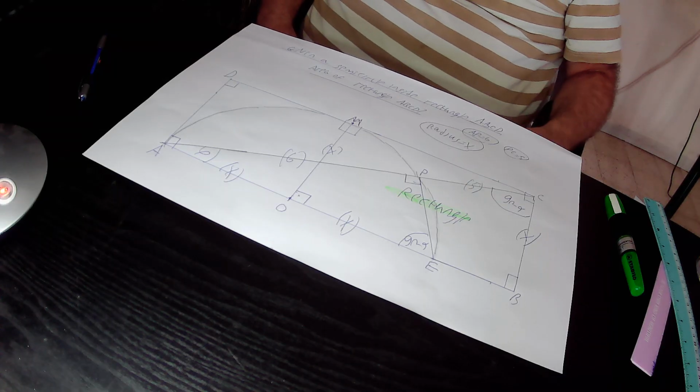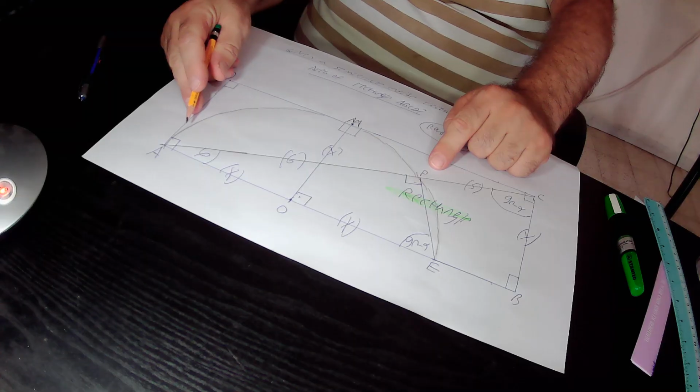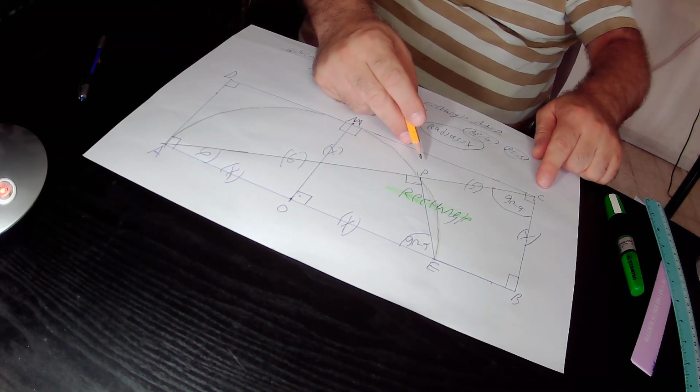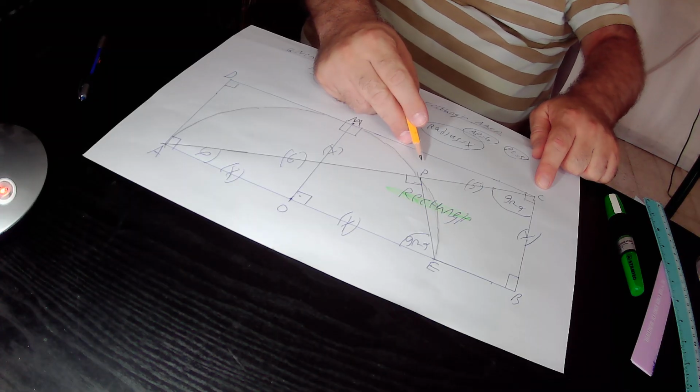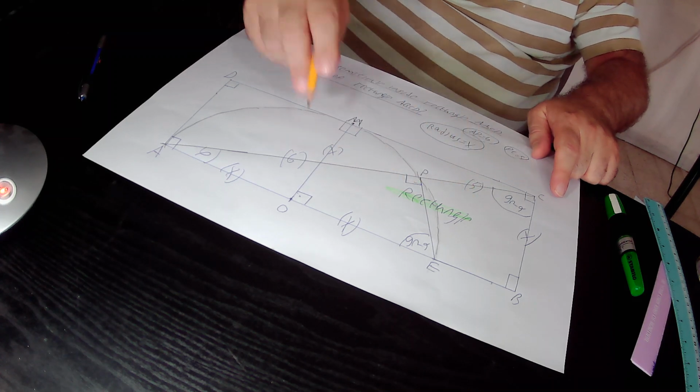In addition, we know that this is line segment AP that is equal to 6 units in its length. This is line segment CP that is equal to 5 units in its length. Again, our mission is to find out the area of this rectangle ABCD.